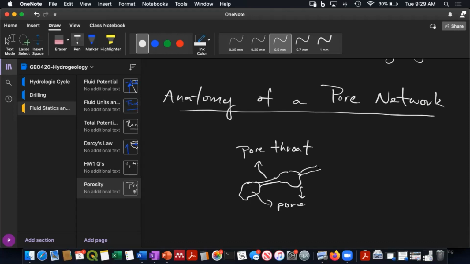And we've got a network. It's kind of like a ganglion. We've got a bunch of pores, and we've got a bunch of pore throats, and they're connected.